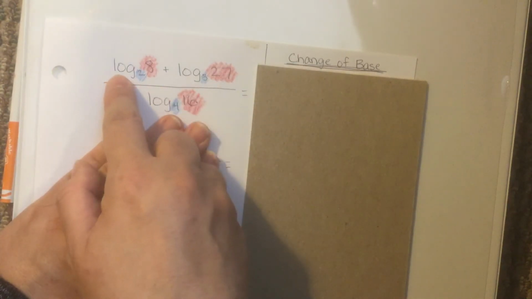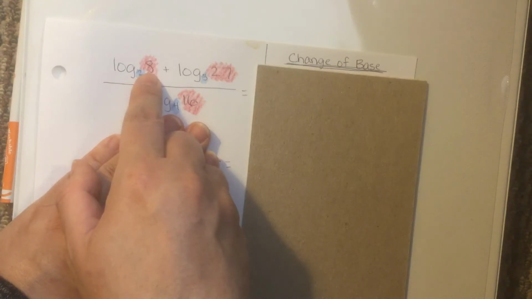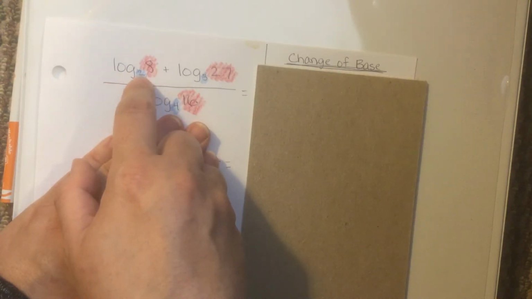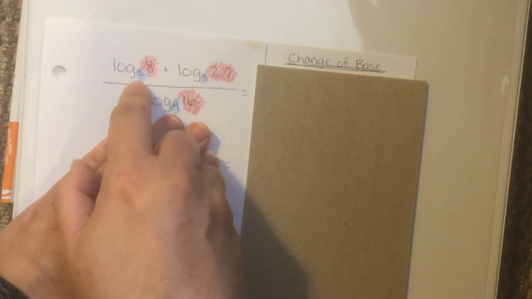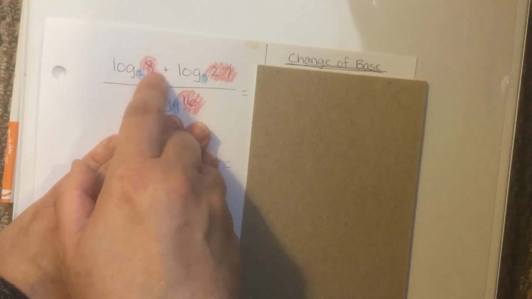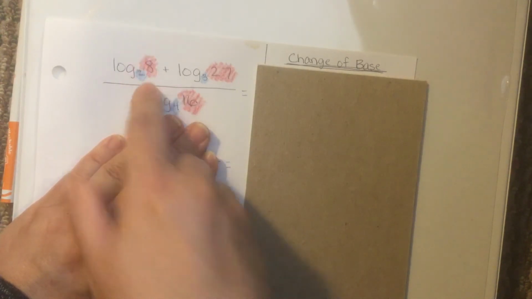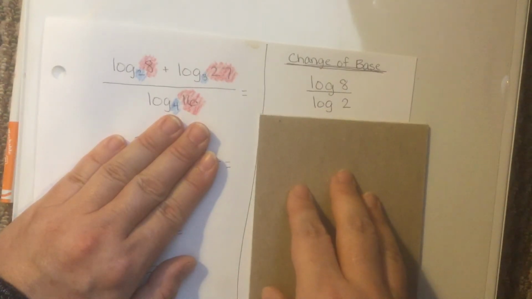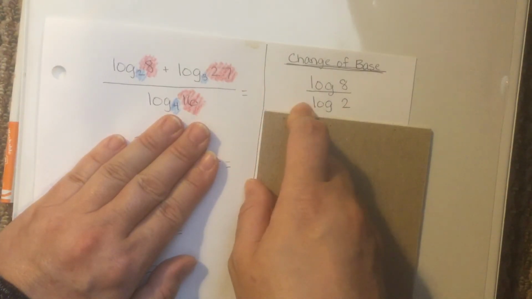If we just focus on log base 2 of 8, the way I often tell students to think about it is the 2 is already kind of lower down. So I pretend that the 2 keeps on going down into the denominator, and then the 8 floats up into the numerator.